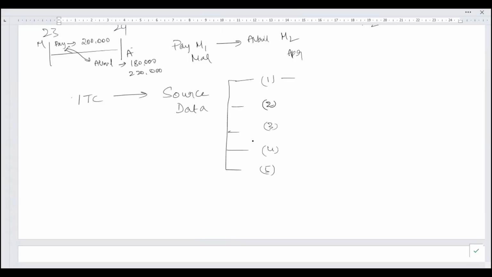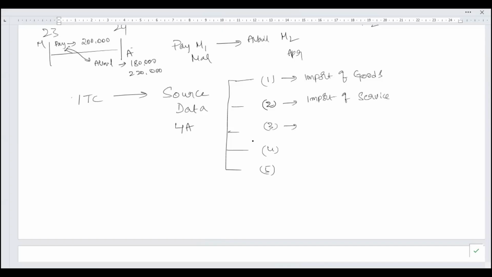First source is your import of goods. When you want to avail input tax credit, please disclose only in 4A1. This is your table number 4A. Under 4A, the first table is your import of goods. Second table is your import of service.